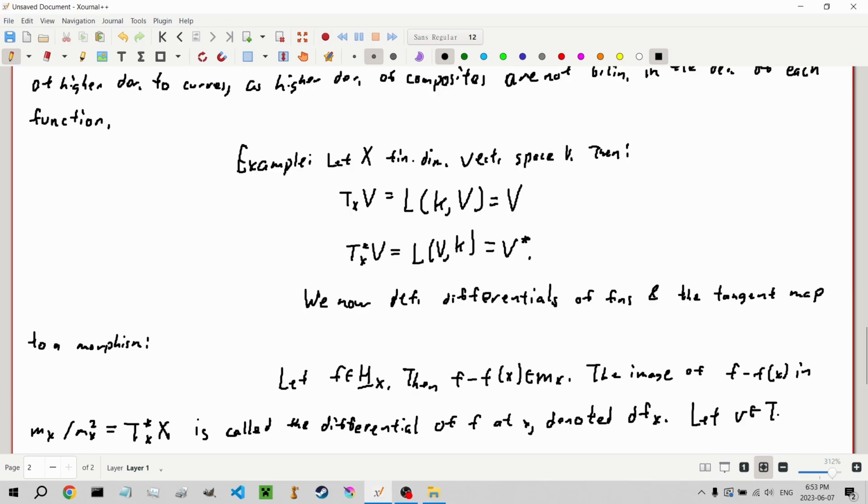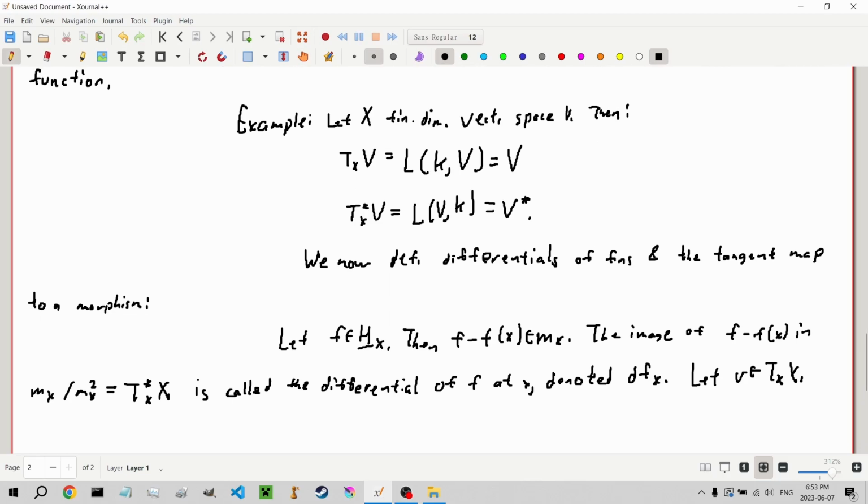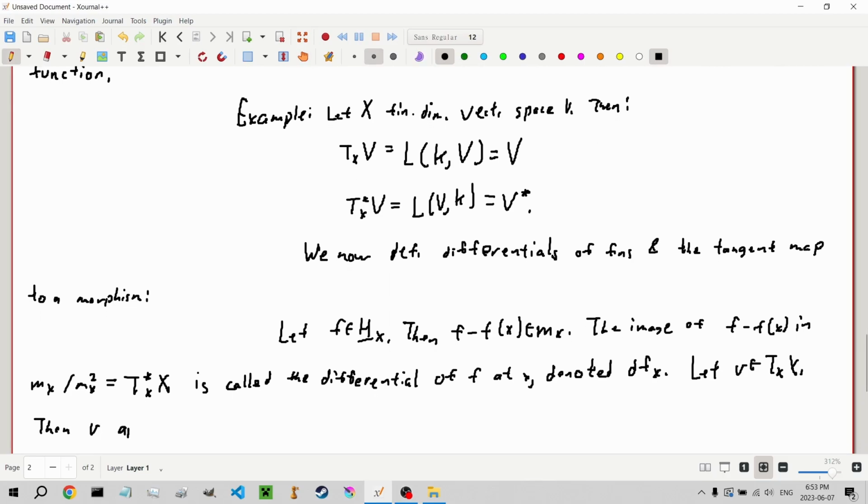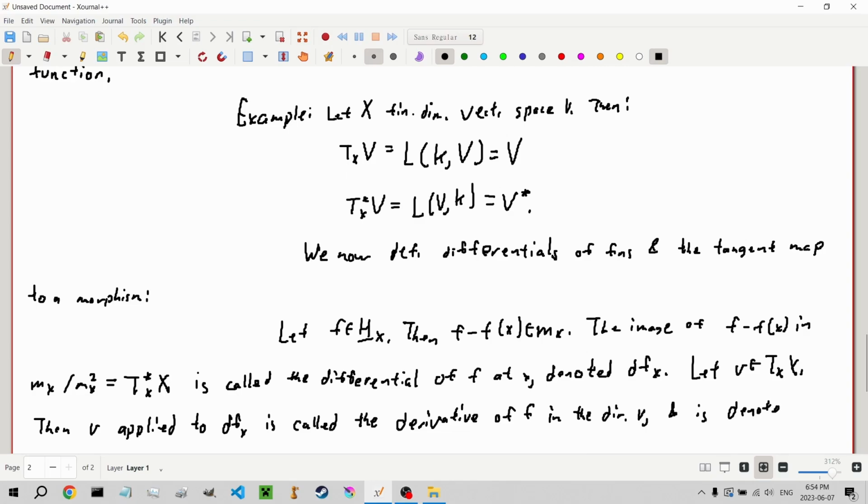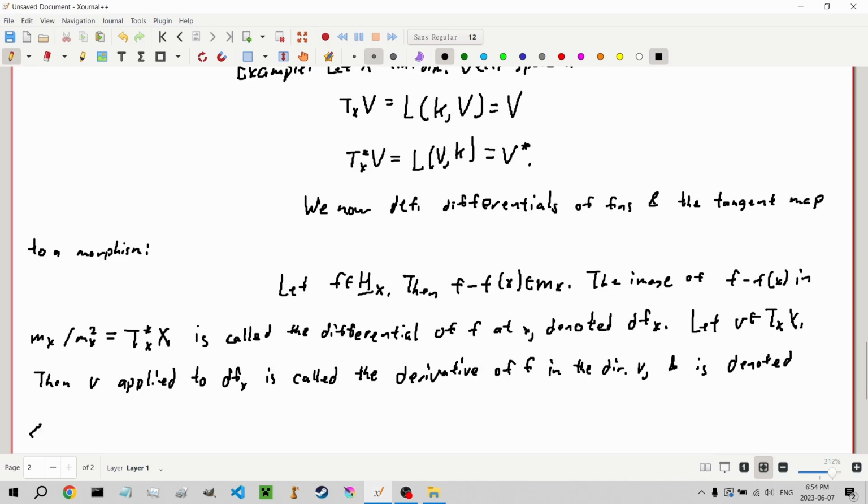Let v be in the tangent space at x. Then v applied to df of x is called the derivative of f in the direction v, and is denoted alternatively as either the angle bracket of v and df of x, or v on f of x.